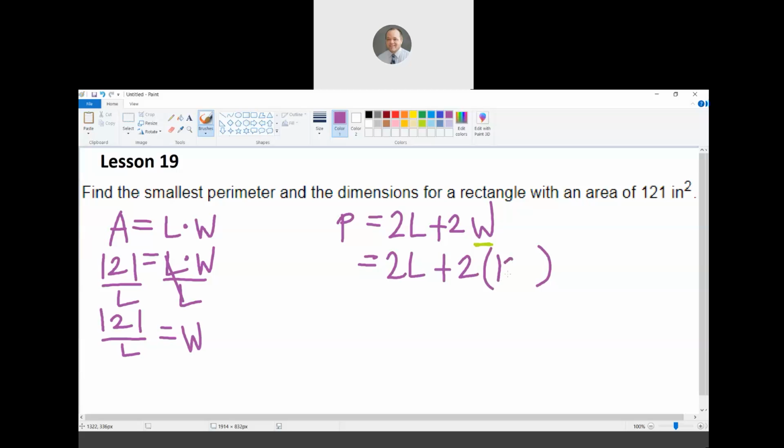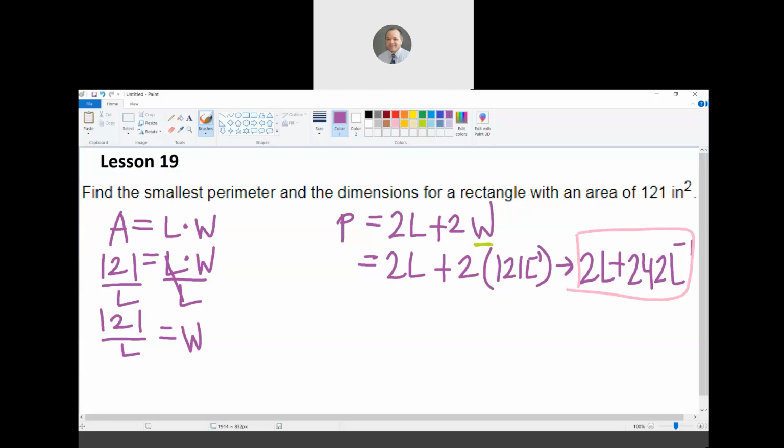So that will be 121 L to the negative 1 power, which is 2L plus 242 L to the negative 1 power. Now we're ready to take the first derivative of this.